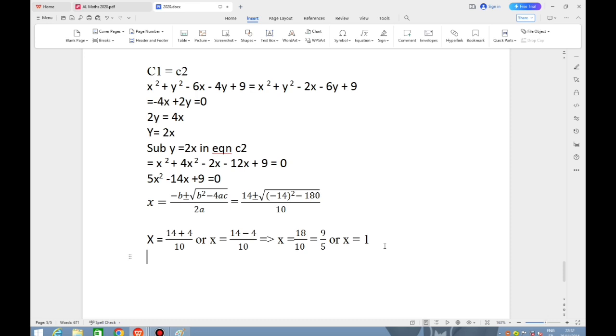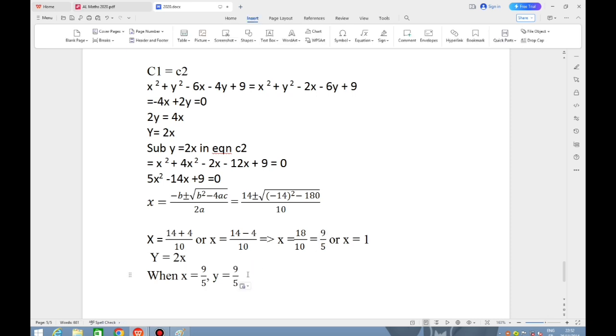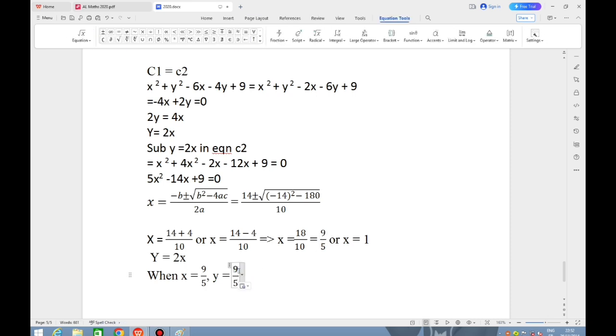Now I'm going to find the value of y using these values of x. So we know y is equal to 2x. When x is equal to 9 on 5, y is equal to 2 into 9 on 5, that's equal to 18 on 5.